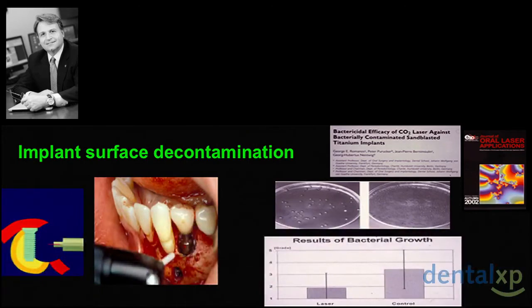What happens now, as Maurice mentioned, about decontamination, and this is an area where I have been working since 1994, decontamination of dental implants. We have done studies in Europe at that time, 2002, the first preliminary data, when we can significantly reduce the PG and the PI on implant surfaces using the CO2 laser.